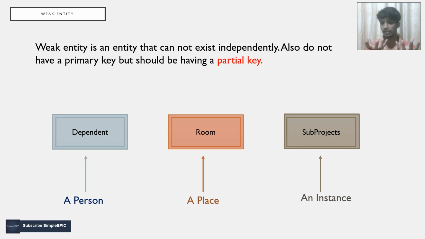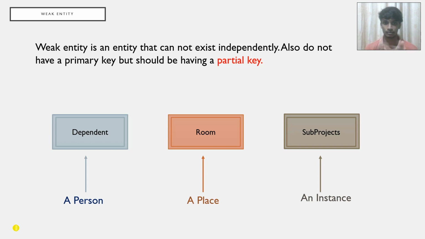Each and every weak entity should have a relevant strong entity or parent entity. And the second point is a weak entity has a partial key and doesn't have a primary key. That's how a weak entity is made.